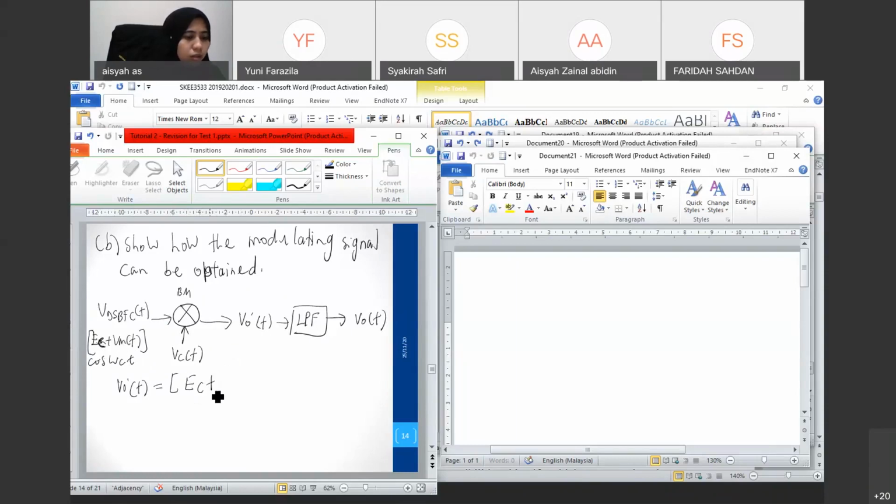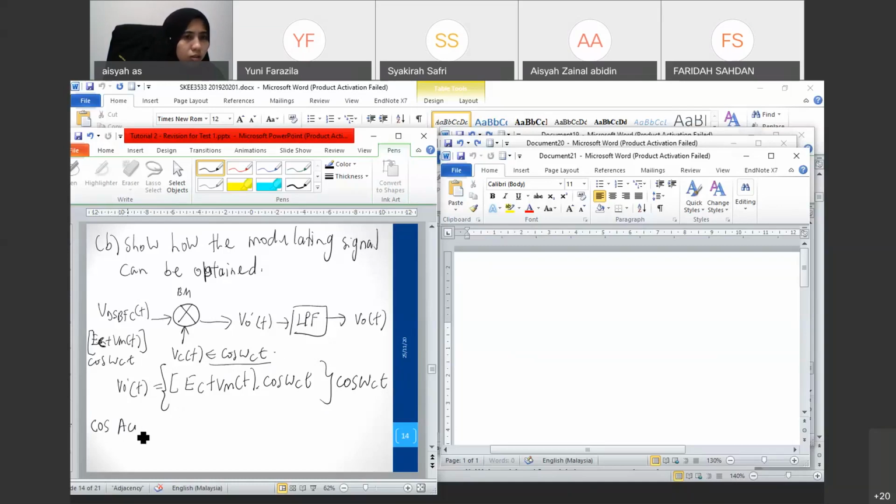Easy plus VNT multiplied by cos omega C. This is cos omega C. Okay. And this one is the VDSBSC, and here multiply by cos omega C t, and you should use the trigo identity.